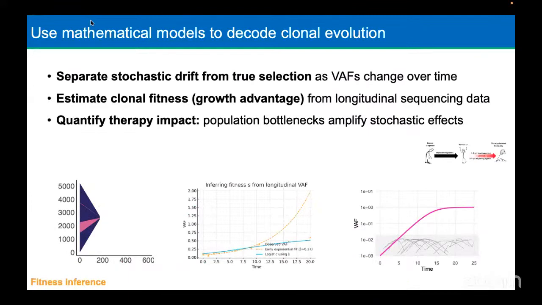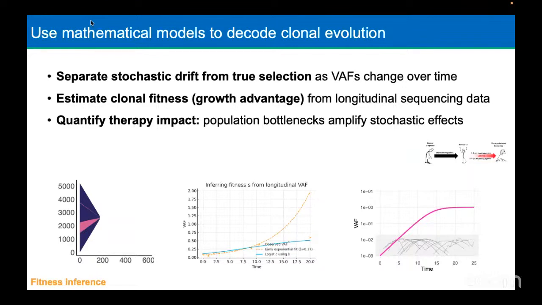So we use VAF to study the dynamics of the mutations, and then mathematical models can be helpful for us. What I want to present is a stochastic model, like a Moran process, and for the deterministic ones, the logistic and exponential models. What is the usefulness of those models? They can separate stochastic drift from true selection if we use the Moran process.